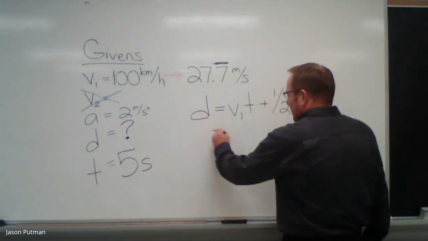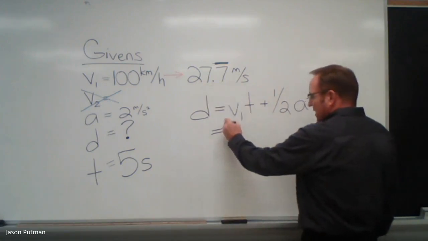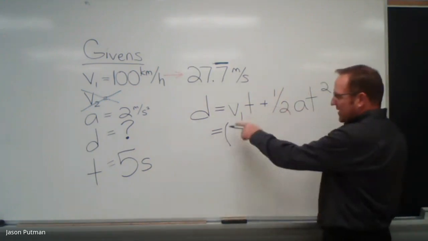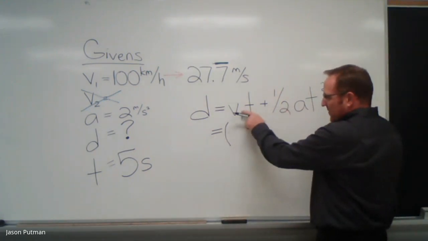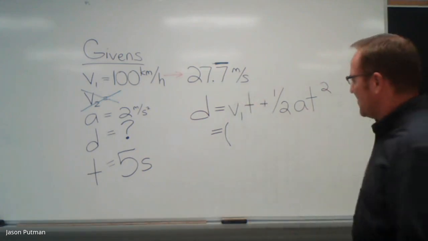So write down the formula and then substitute in your variables, and be careful, be neat, use lots of brackets. I know there's no brackets in the formula, but V1t beside each other without a sign in the middle, whenever you have things beside each other, the assumption is that you're multiplying.